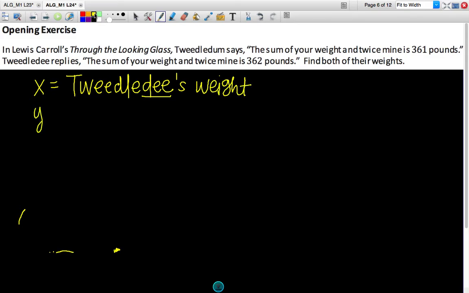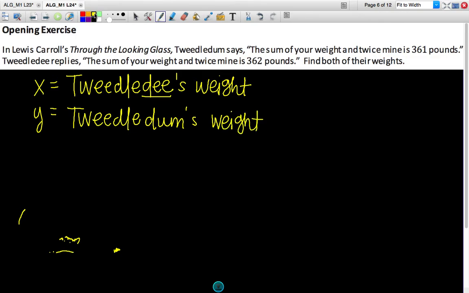And let's let y equal Tweedledum's weight. Okay, I'm underlining the D and the dum just so that we can easily refer to it since they're such similar names.